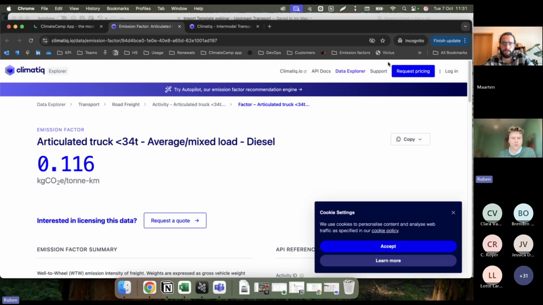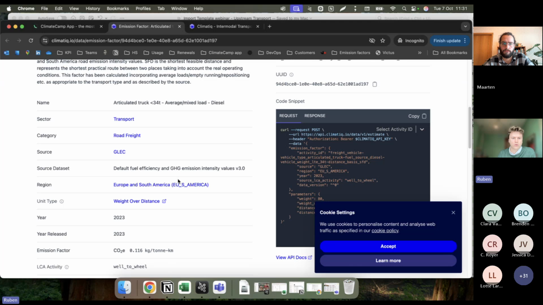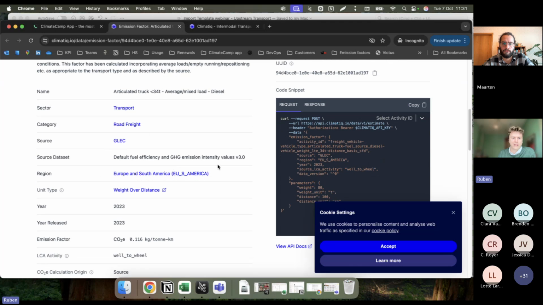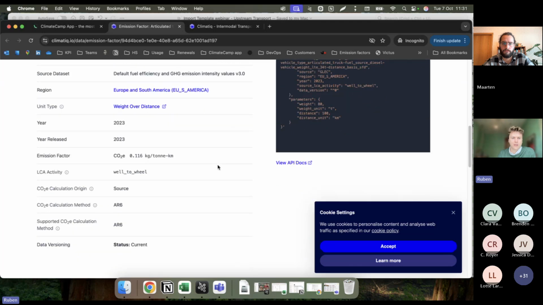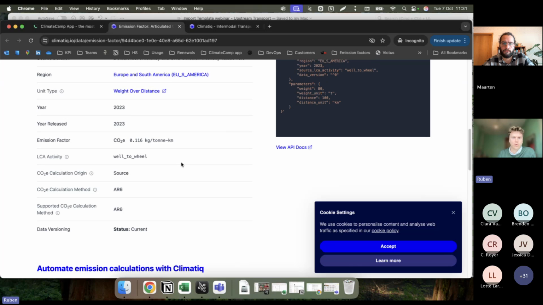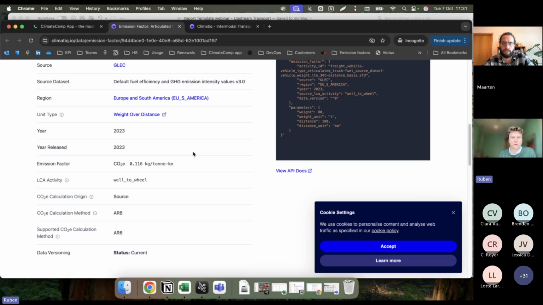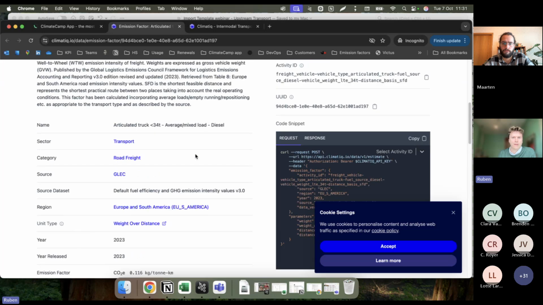We also get the emission factor source, which in this case is an emission factor from GLEC, well to wheel, as Maarten just indicated, for a weight over distance, and a specific region that is taken into account as well.